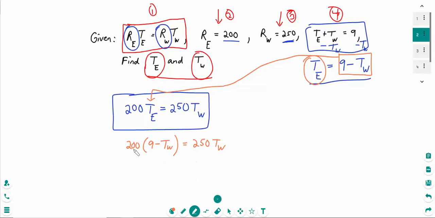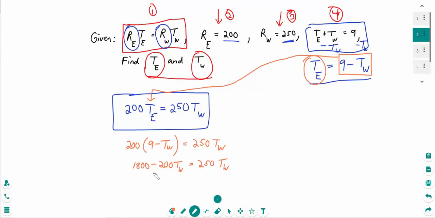And now notice we have an equation in one variable. It's t sub w. That's the only variable we have. So we only need one equation to solve for that, and this is that one equation. So we can now work this out. So let's start by distributing through the 200. So 200 times 9 is going to be 1800 minus 200 t sub w is equal to 250 t sub w.